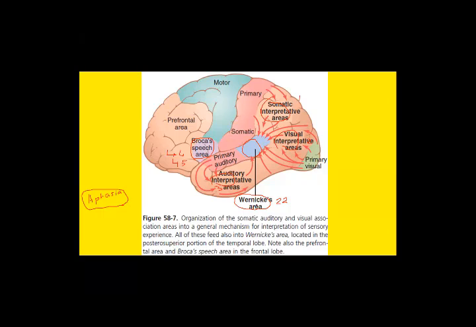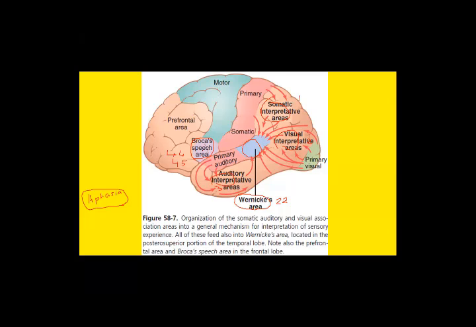We call it the sensory speech area because this is the area responsible for understanding of speech or comprehension of speech. So language understanding, language comprehension, this is the primary function of Wernicke's area. Whereas Broca's speech area, which is located anterior to Wernicke's speech area in the inferior frontal gyrus, is responsible for the articulation of words or formation of words.